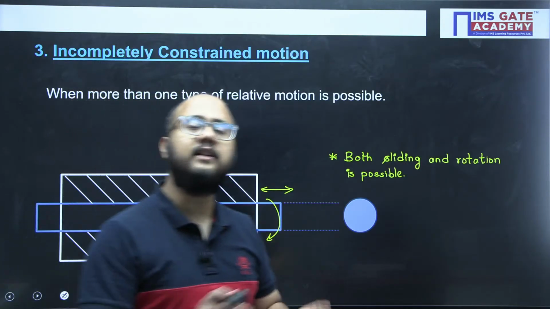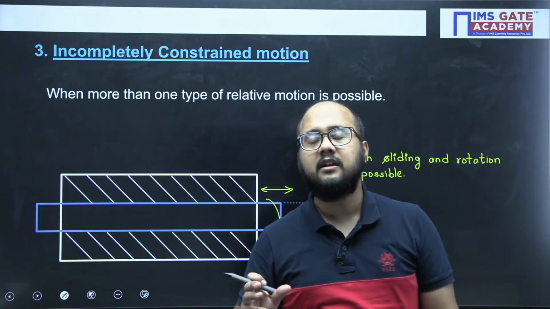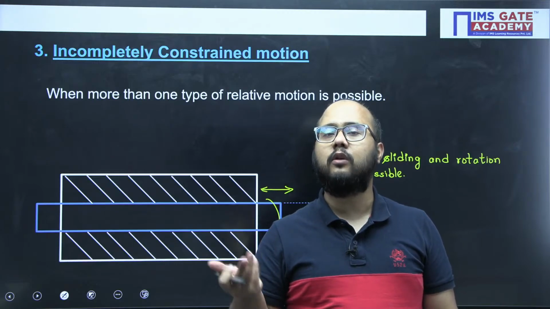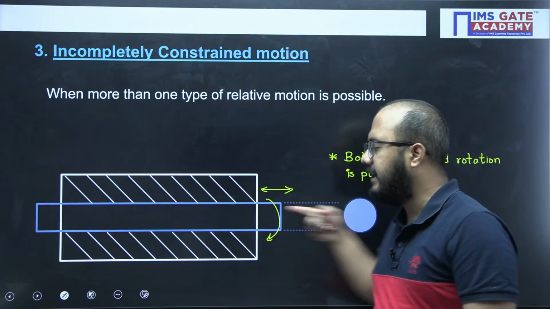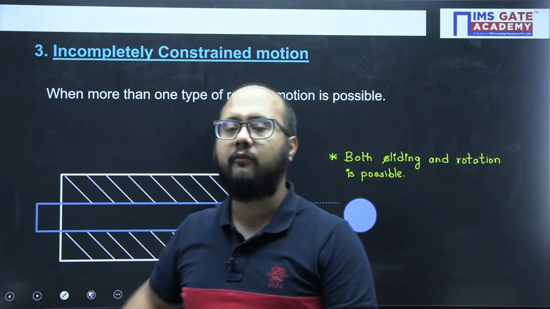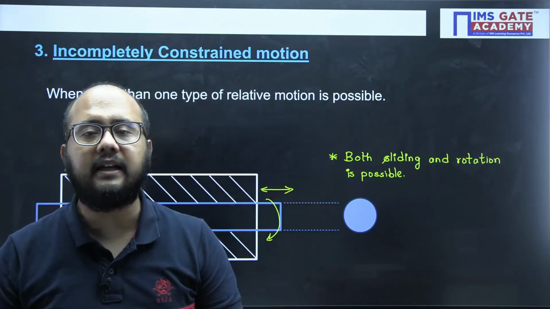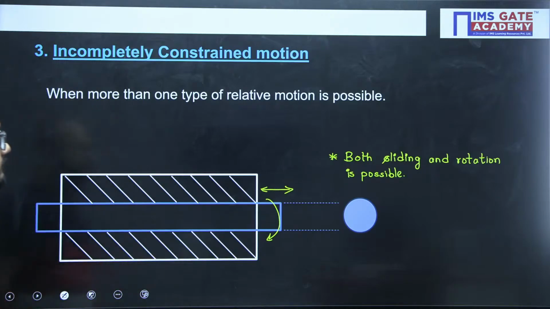Otherwise, we will always take this example as without collars. If it is simply written circular bar in a circular hole, it means it is not having collars. So sliding and rotation both can happen. That's why it becomes incompletely constrained motion. Done? Okay.